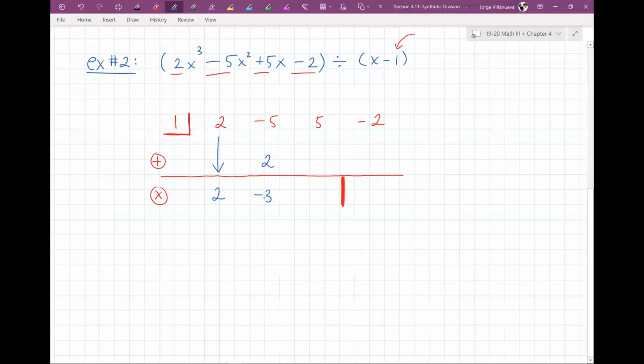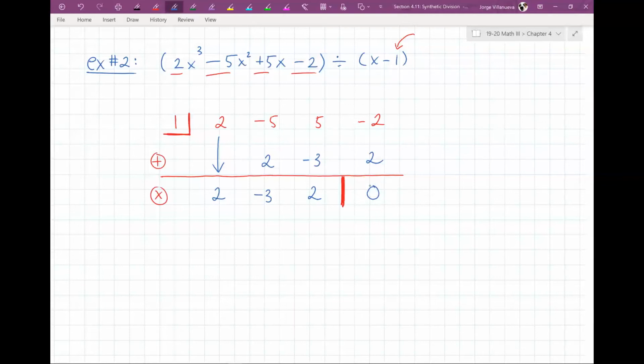And then 1 times -3 is -3. 5 plus -3 is 2. 1 times 2 is 2. And then -2 plus 2 is 0. So that means there's no remainder.